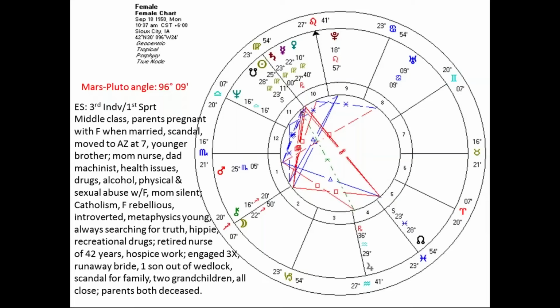I've had to overcome some huge obstacles. A humanistic astrologer told me back in the 70s, looking at my chart, he said, if I wasn't a humanistic astrologer, I would say your chart is afflicted.